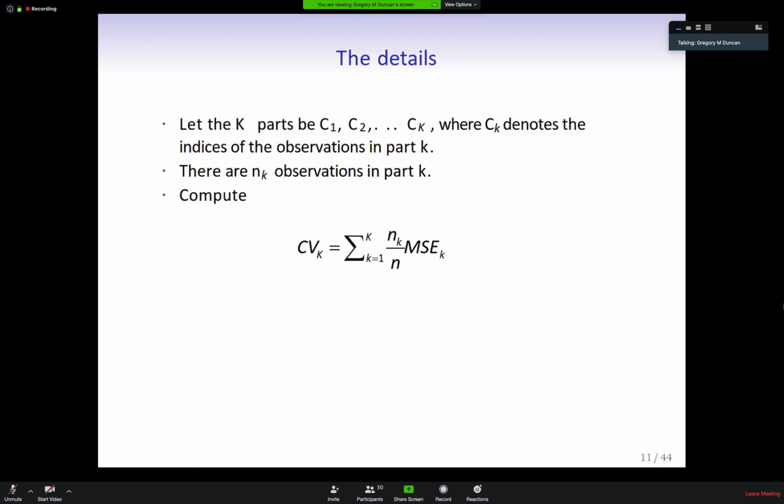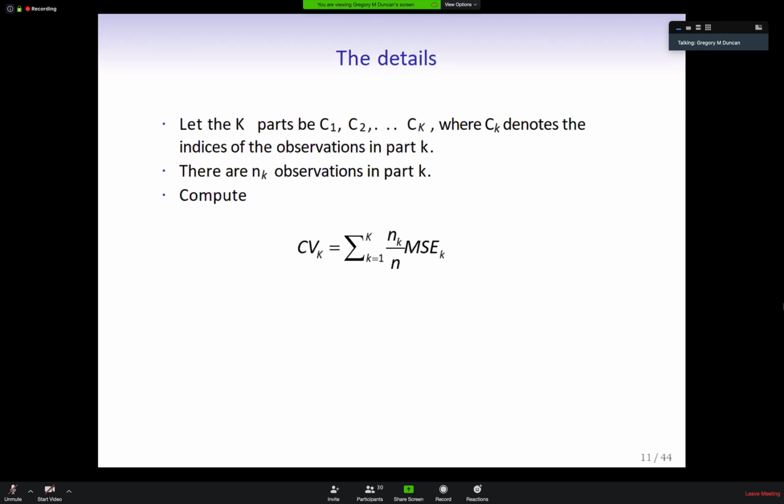So then what we do is the following. I take the first group, I hold it out. I train on the rest, that's C2 through CK. I predict on the first part, and I calculate the mean square error from that. So that's going to be MSE1.